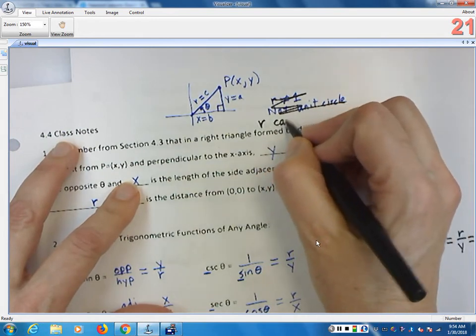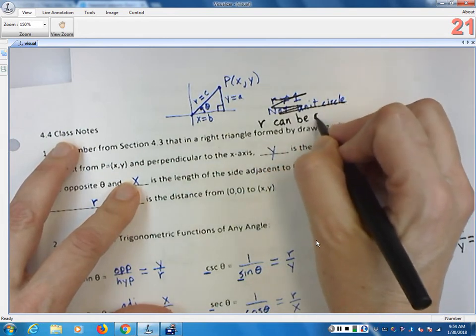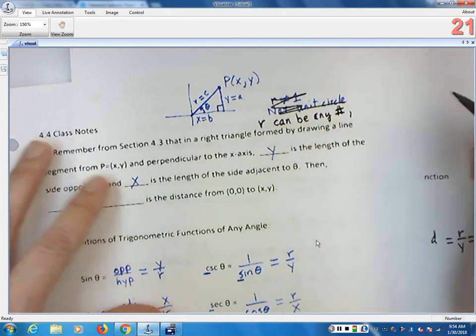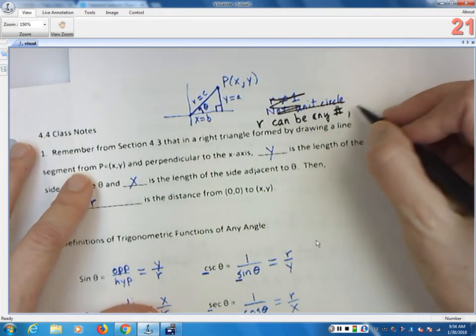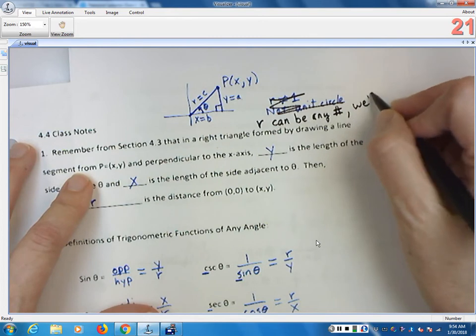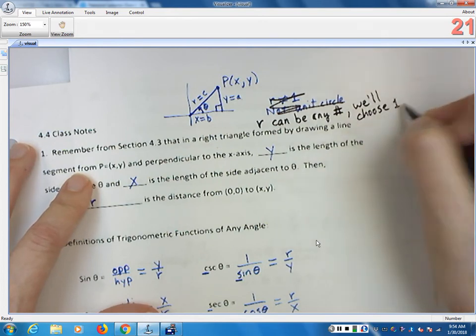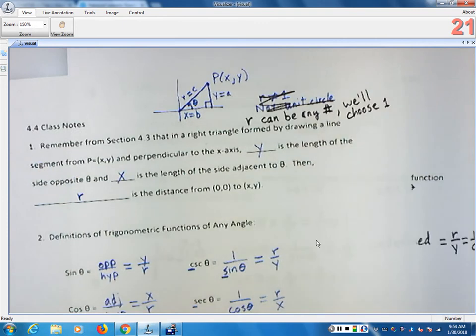So we get to pick point P. I guess you may be getting confused because r can be any number, but on the second page, if we have a choice, we'll choose 1. We're choosing 1 so it's on the unit circle, because we really like our unit circle.